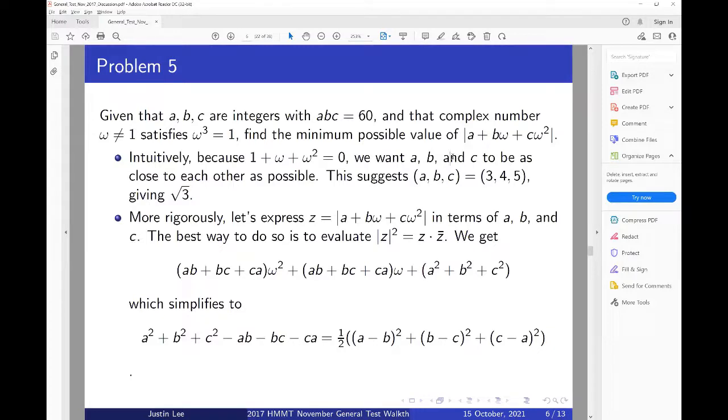But I do consider this rigorous approach to be rather difficult to work out under time pressure. So the intuitive method is fine in this case. So if you use that, that's understandable.